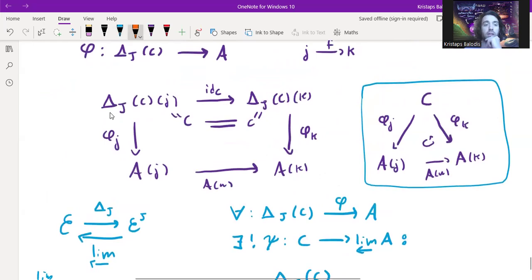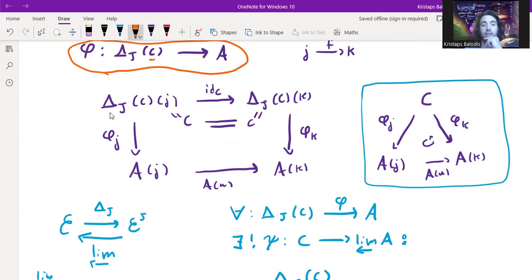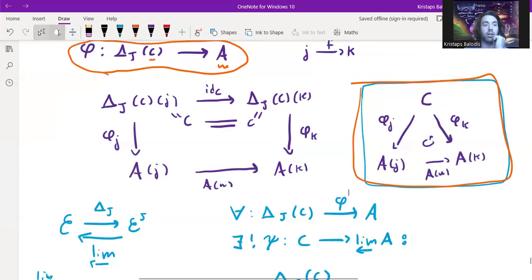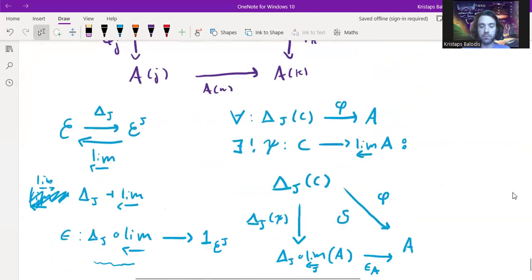This was me writing what happens when I have a natural transformation from delta J of something into anything else. And then I just unpacked this diagram, right? So we're literally going to copy it. Can I physically copy it? I can here. Can lasso it, but my mouse is giving me problems. Aha.